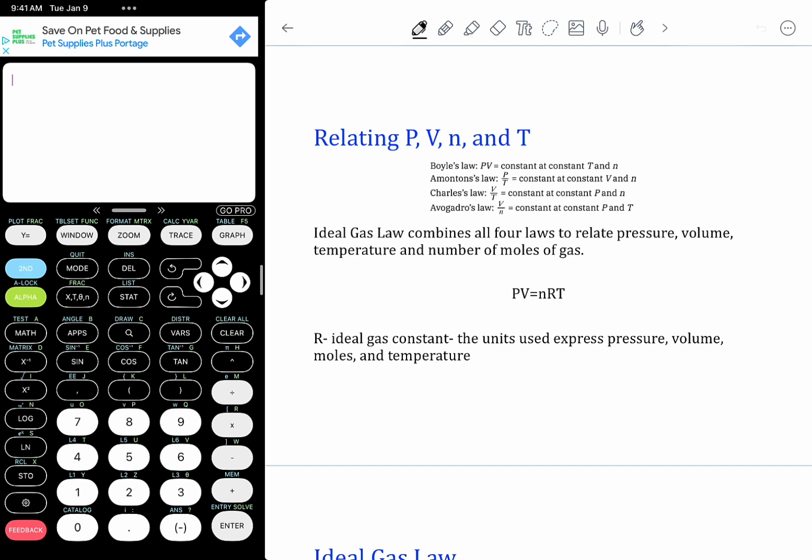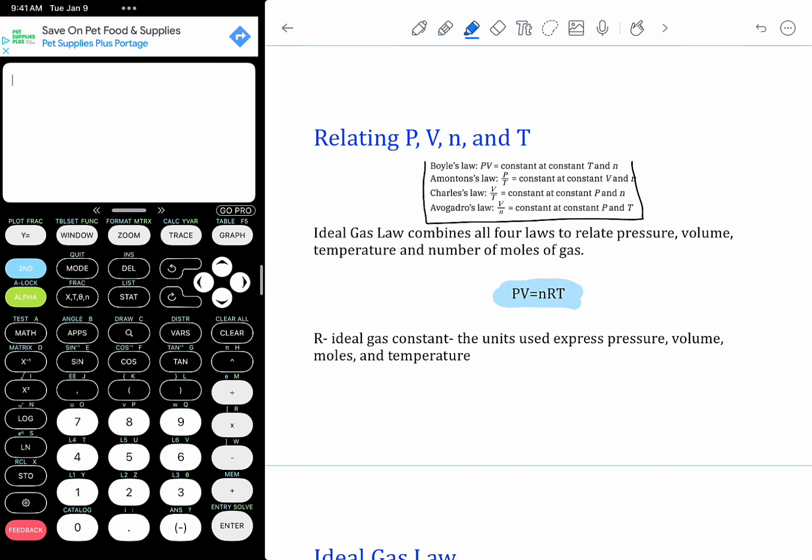And we talked about the four gas laws: Boyle's law, Amontons' law, Charles' law, and Avogadro's law, where we saw the relationships between pressure and volume, pressure and temperature, volume and temperature, and volume and number of moles. The ideal gas law combines all four laws to relate pressure, volume, temperature, and the number of moles of gas. So we define the ideal gas law by this equation here.